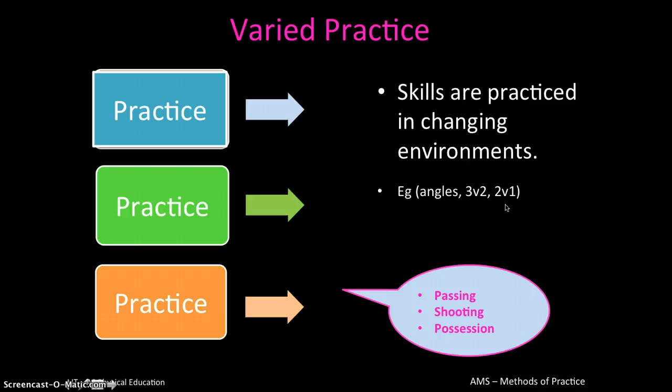And the idea is that you give yourself as many different experiences from as many different environmental situations as you can, so that whatever you come across in your game situation, you're going to have the experience or have been exposed to it, and therefore will cope with it. So passing or shooting in our major games really suits this.